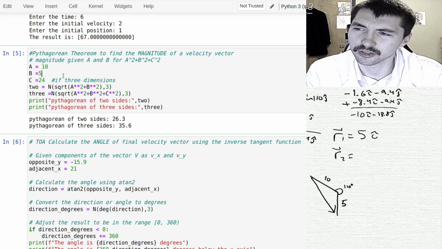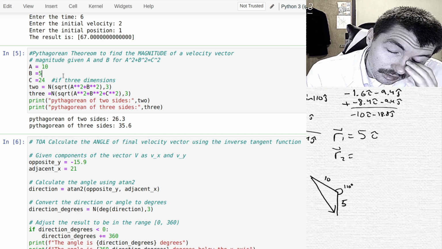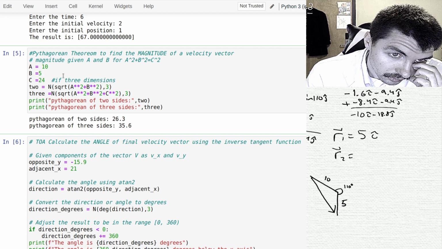No, we can't do Pythagoras theorem because it's not a right angle.